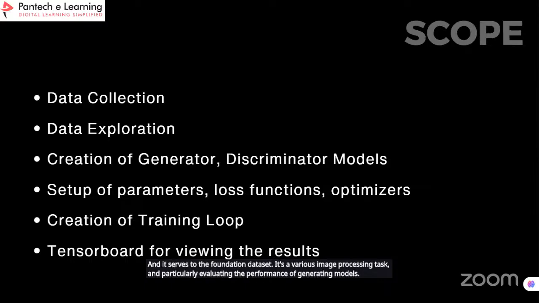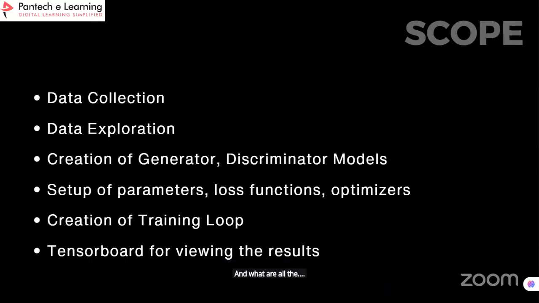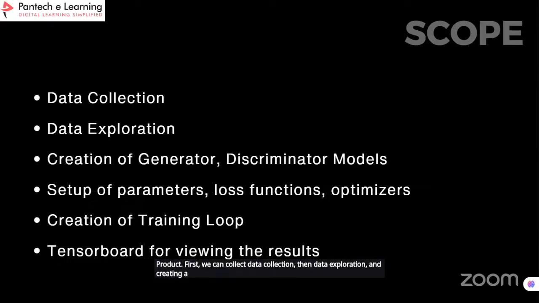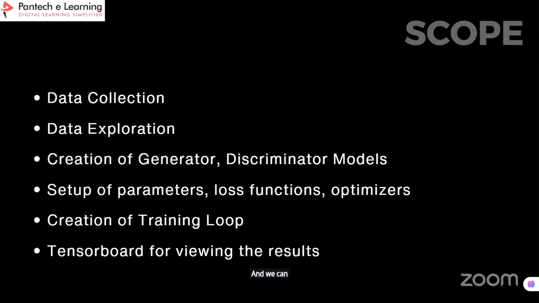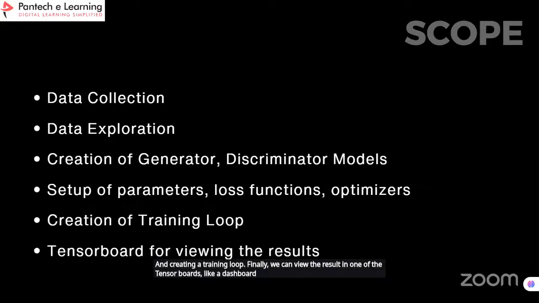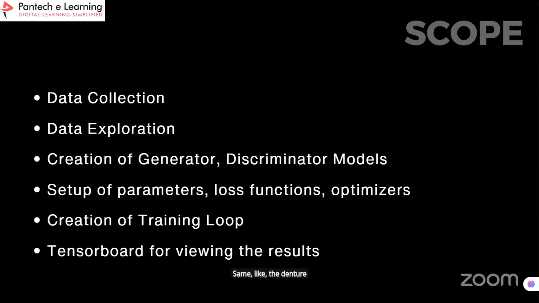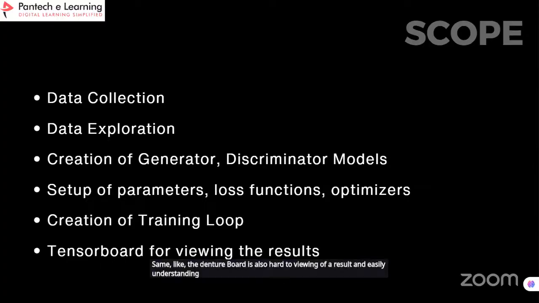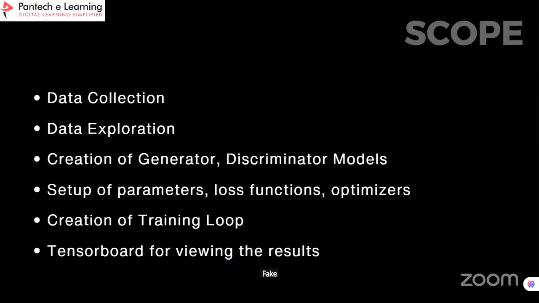And what are the procedures in this project? First, data collection, then data exploration, and creating the generator and discriminator models. Then we set up the loss and optimizer parameters and create a training loop. Finally, we view the result in TensorBoard, like a dashboard, which makes it easy to understand how much fake data and how much real data there is.